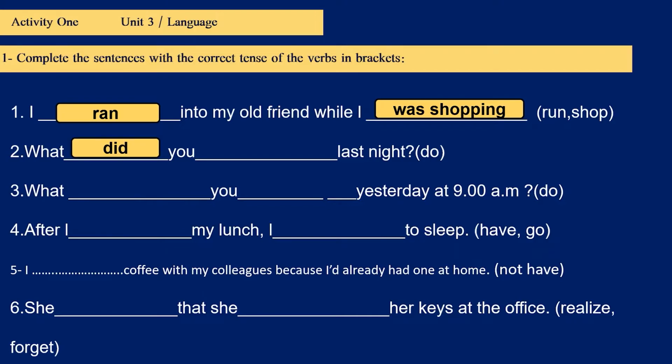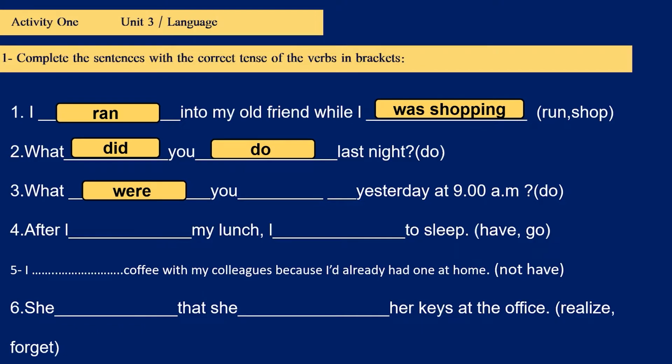Number 2. What did you do last night? I'm asking about the past simple tense. Number 3. What you yesterday at a specific time. Pay attention. At 9 a.m. The verb here, do. So, what's the answer of this question?